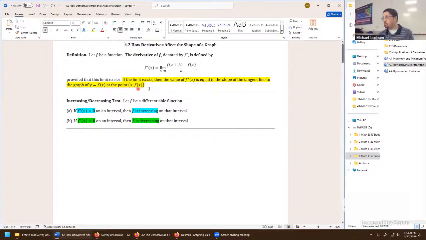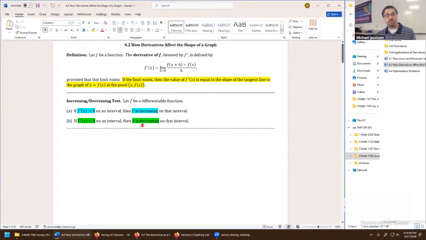And essentially what this derivative is telling us, if it's the slope of the tangent line, is the direction the curve is going. If the derivative is positive, then the function has to be increasing on a particular interval, it's going up. Because the derivative is the slope of the tangent line, if the derivative is negative, the tangent line slope is negative, it's slanting down, that means the function is just decreasing on that interval.